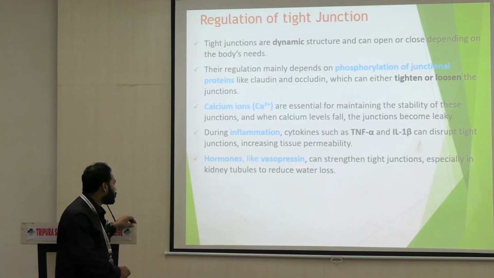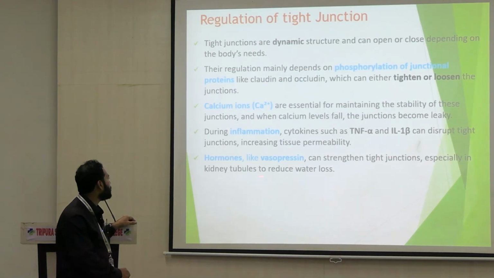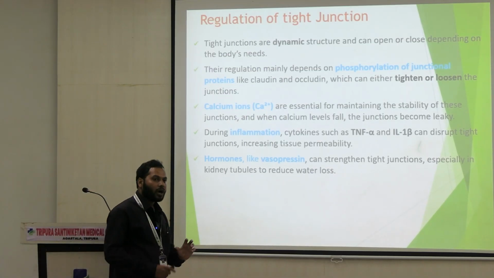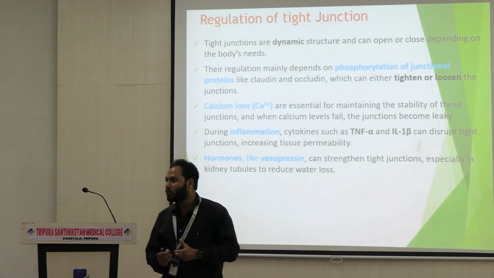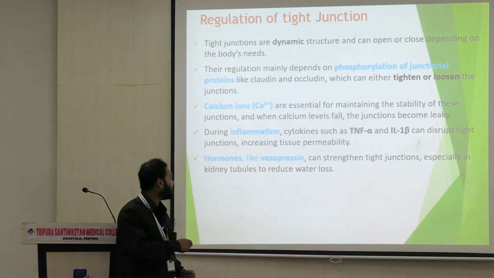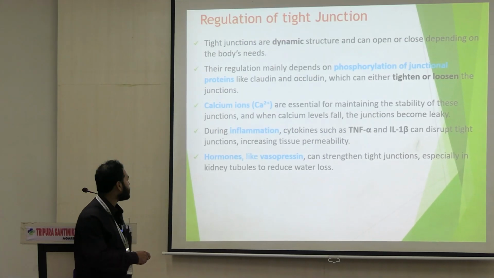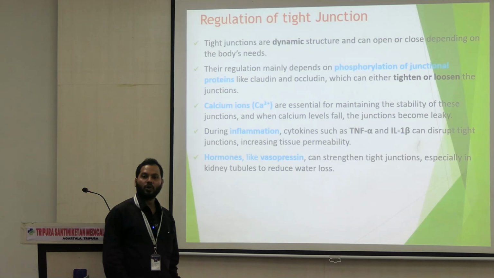Like vasopressin can strengthen tight junctions, especially in kidney tubules, to reduce water loss, right? So, these are the major components that play an important role in the regulation of tight junctions. The first one is phosphorylation of junctional proteins, the availability of calcium ions, then the inflammatory conditions, as well as the role of hormone.